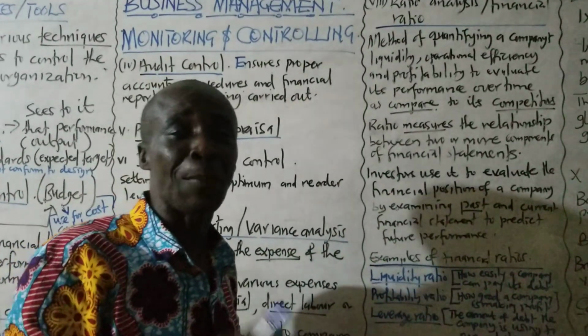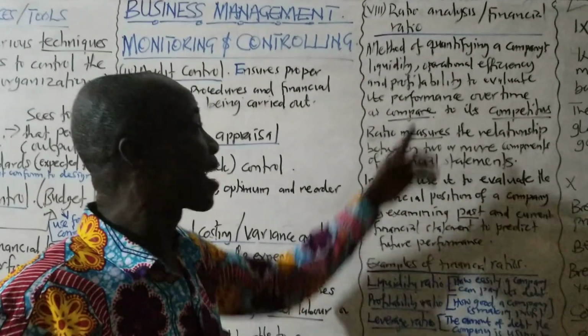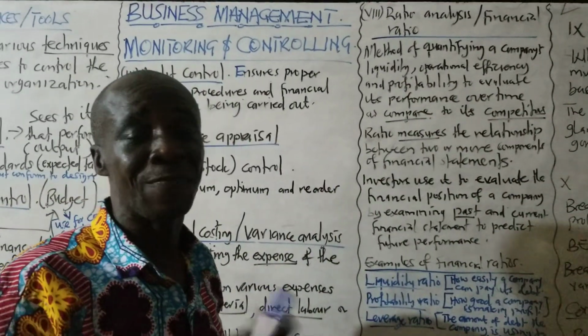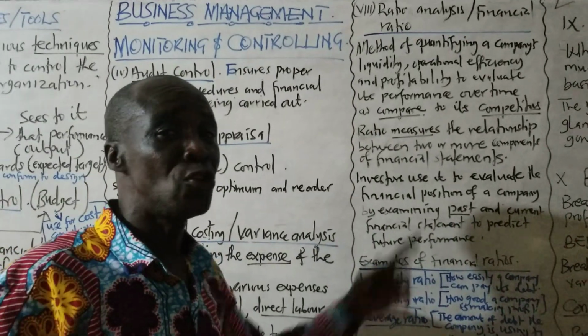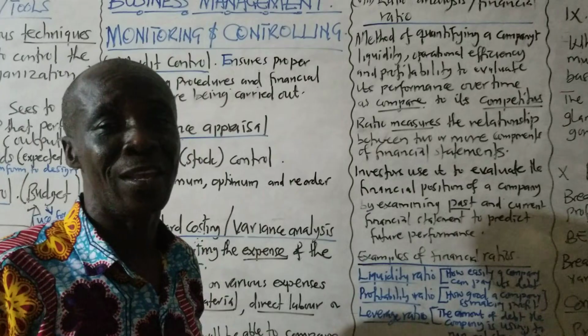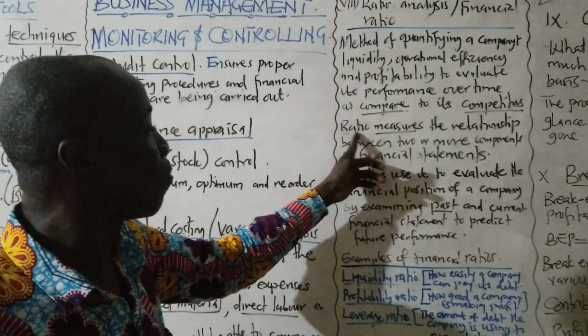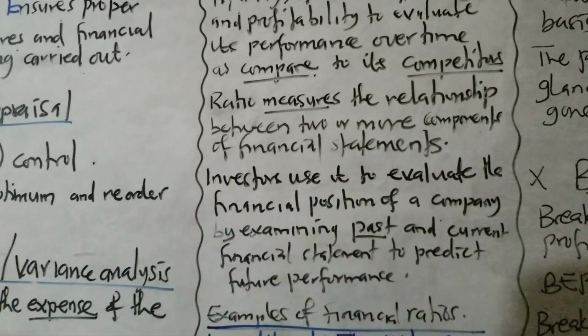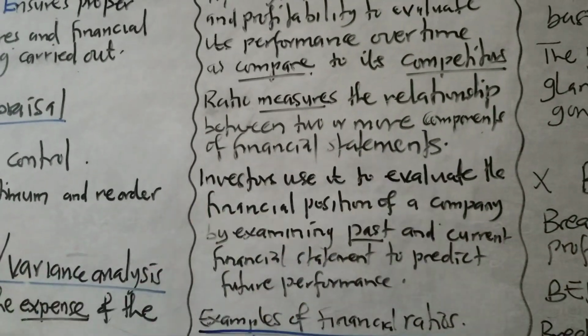Now, if somebody is an investor, they can calculate all these things and find out whether they should invest in your company or another company. So I said the ratio measures the relationship between two or more components of financial statements.